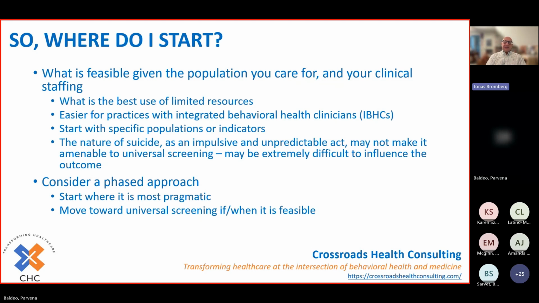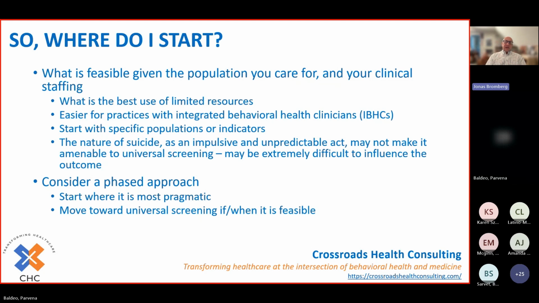How can you make best use of the limited resources that you have? And as Dr. Dickstein talked about last month, it may be extremely difficult to influence the outcome when a patient's thinking about suicide because of the nature of it as an impulsive and unpredictable sort of act.